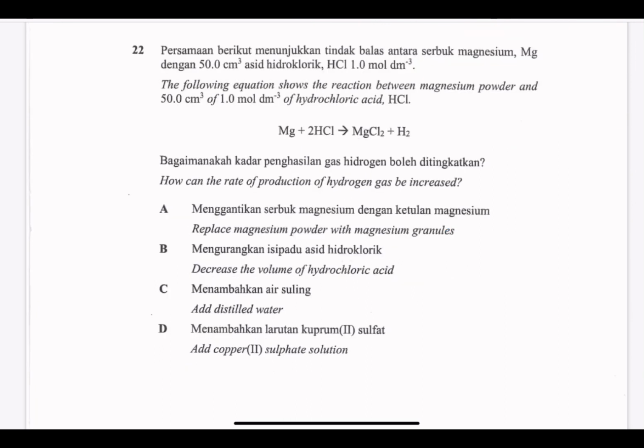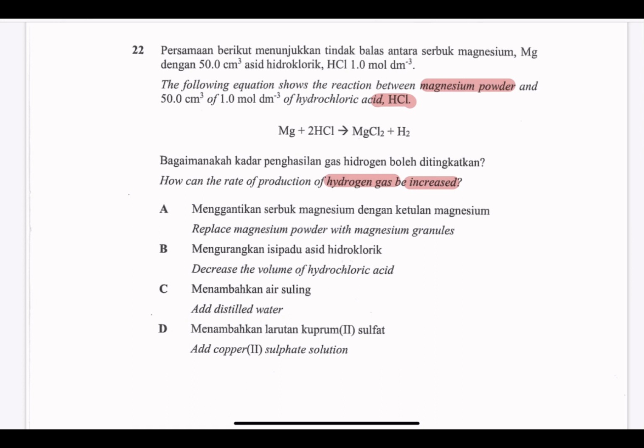Question 22. The following equation shows the reaction between magnesium powder and hydrochloric acid. How can the rate of production of hydrogen gas be increased? Regarding the rate of reaction, we want to increase it. So we go through the answers.